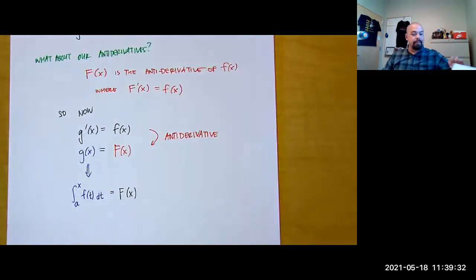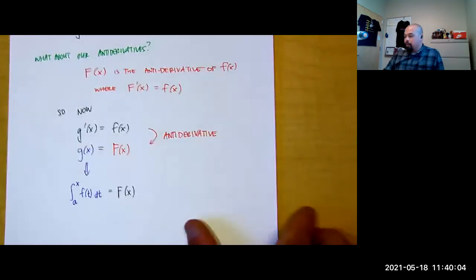Okay, so seeing that relationship between those components is what's going to allow us to use the antiderivative with that integral.